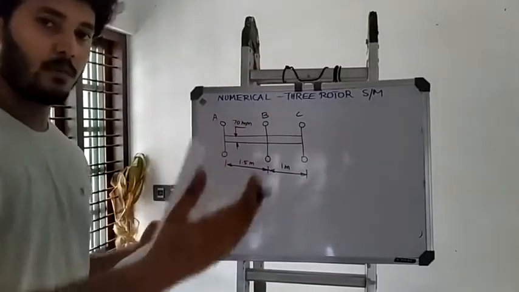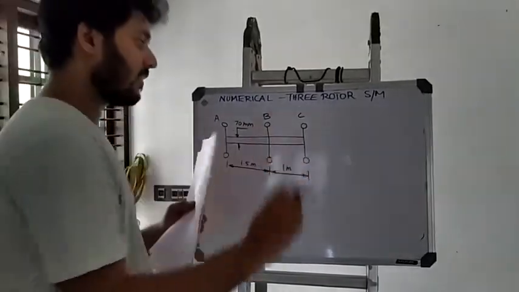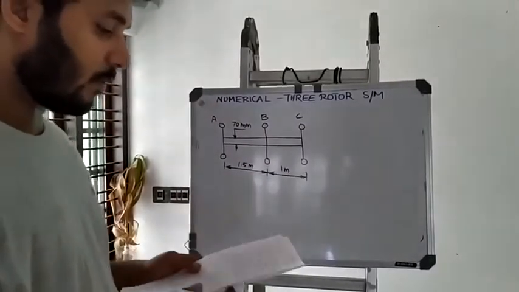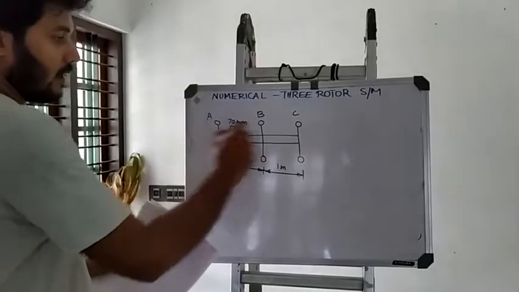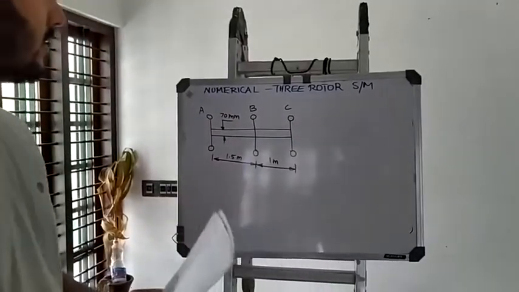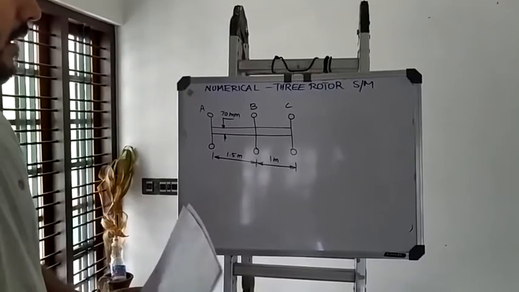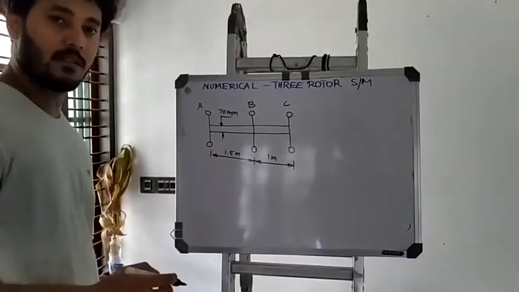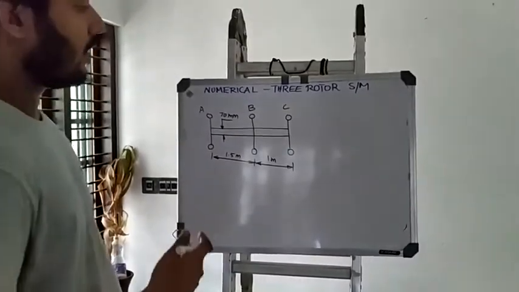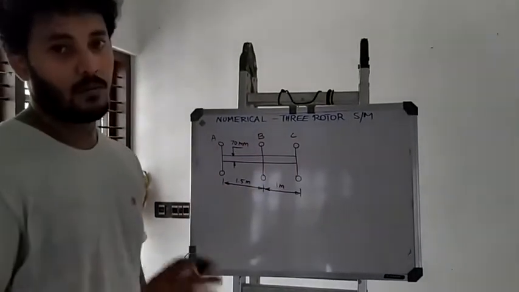There are three rotating bodies connected to a single shaft, and hence the system can be considered a three rotor system. Here the diameter of the shaft is given as 70 mm throughout, that means it is a shaft of uniform diameter. Hence the very first point is we don't have to find a torsionally equivalent shaft this time, because the shaft is of uniform diameter.